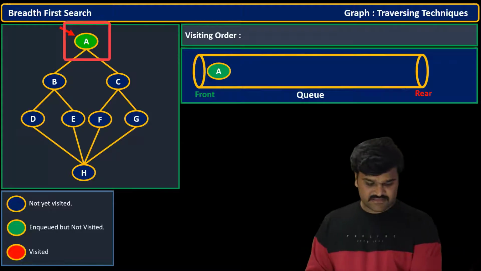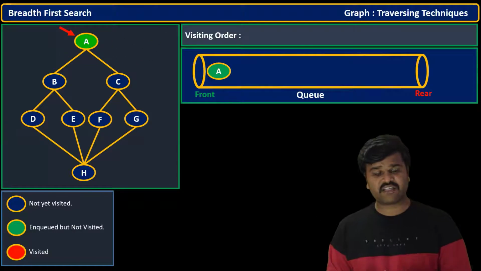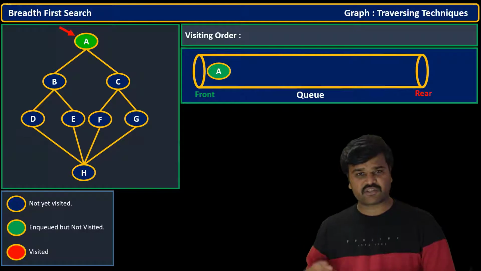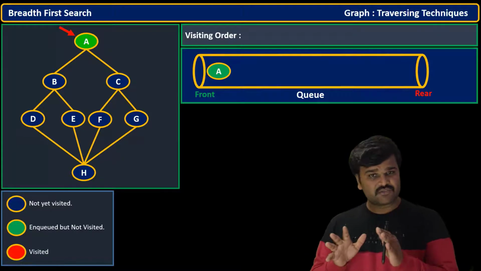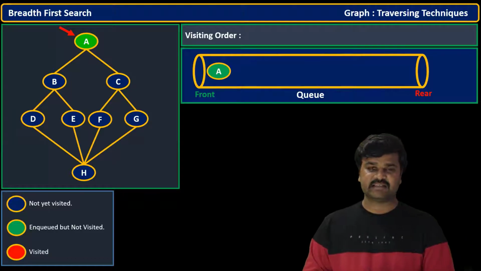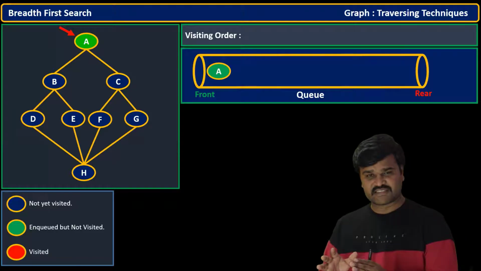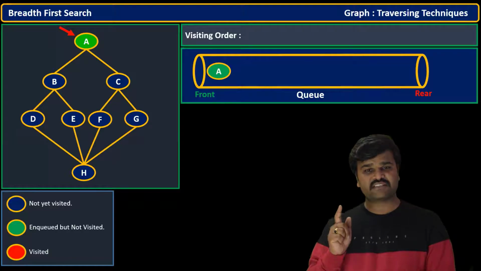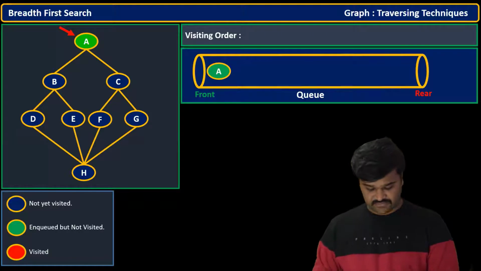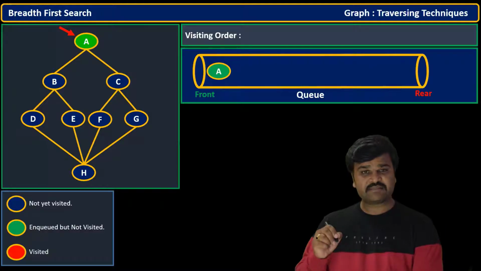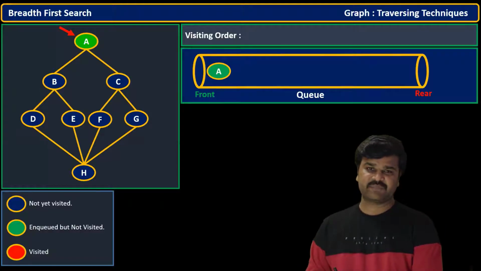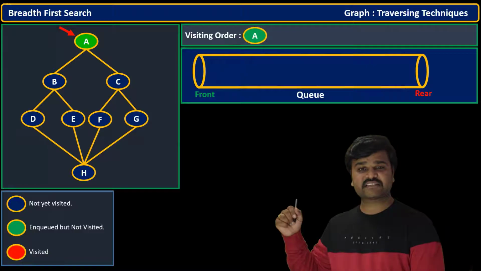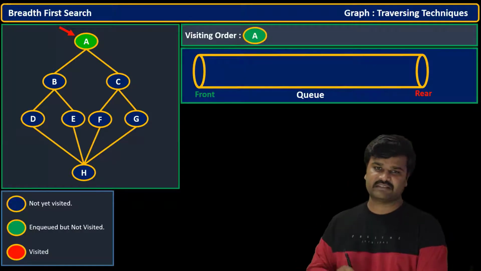Then after this, we are going to repeat the same steps. So what are those steps? Let us try to understand clearly. Now you have a question: what is the vertex I have to visit? Whenever this question arises, it is very simple, you just perform the DQ operation. In the DQ operation, A is coming out because it is the first element.